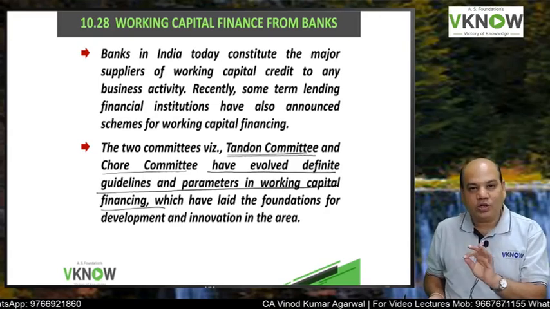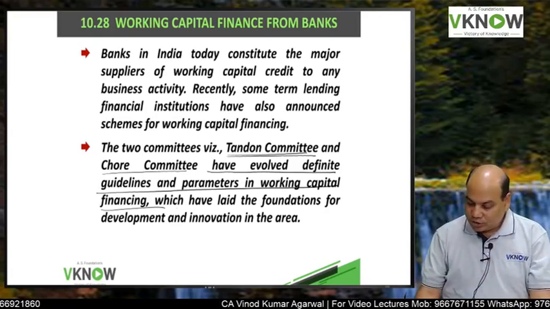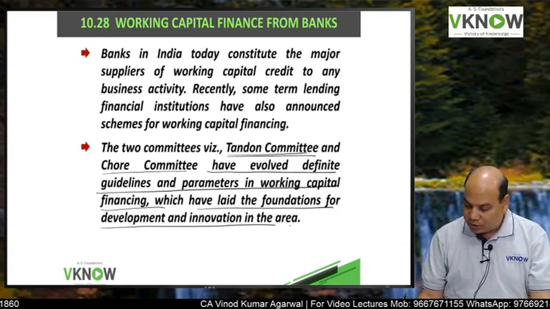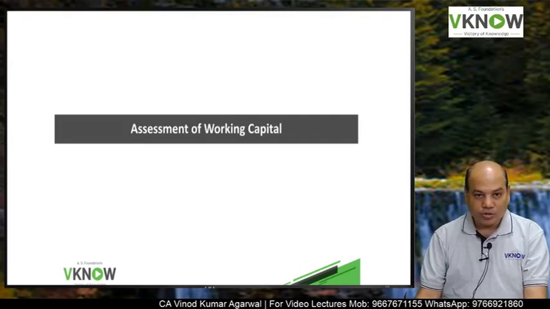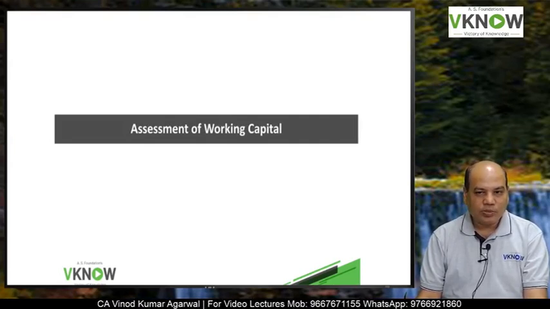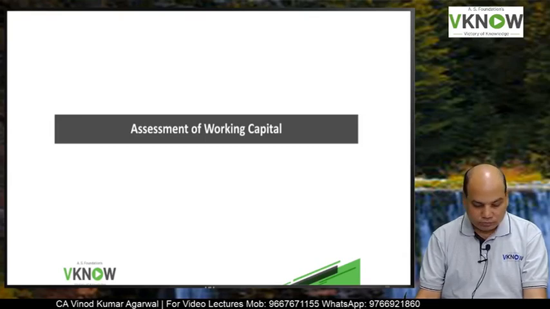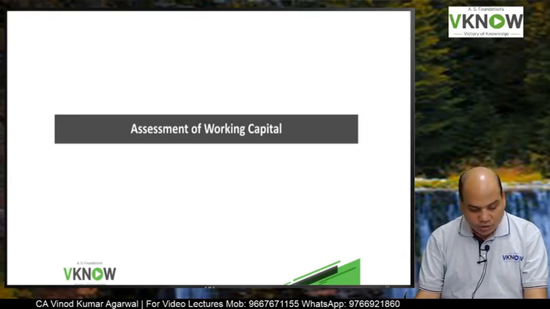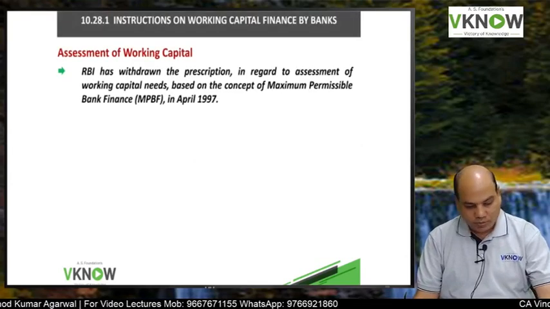Our syllabus is only related to working capital recommendations, which laid the foundation for development and innovation in the area. So the government is also working hard to ensure that businessmen get funding, but at the same time they should not be over-dependent on banks for working capital needs. So what instruction have the Tandon Committee and Chore Committee given? You have to assess the working capital.